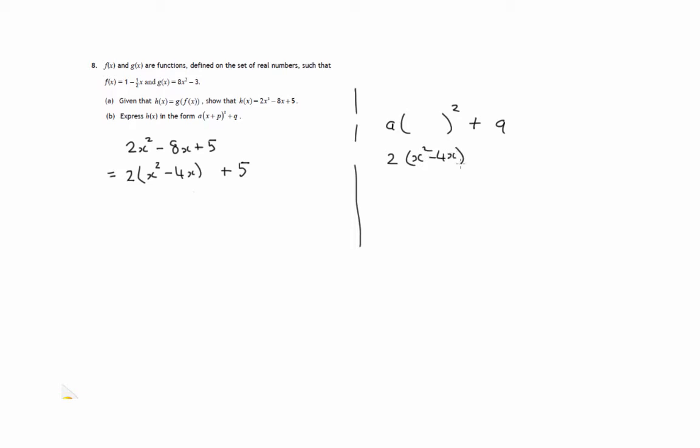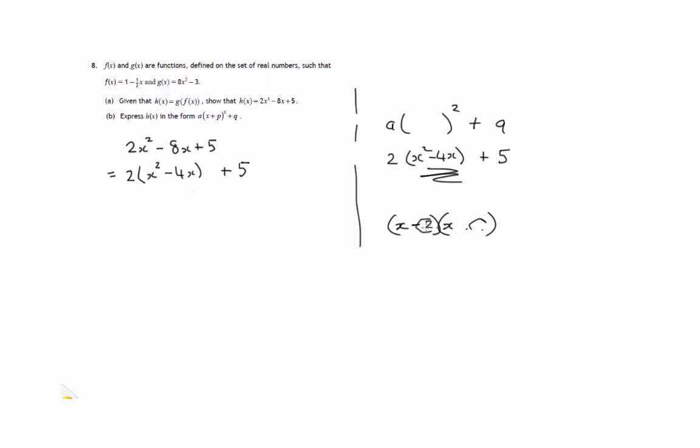Having got to this stage, we certainly don't have something squared where we want two identical brackets. This number here would have to be the same, and we're going to have to get to minus 4x. So outside 2, inside 2 the same.